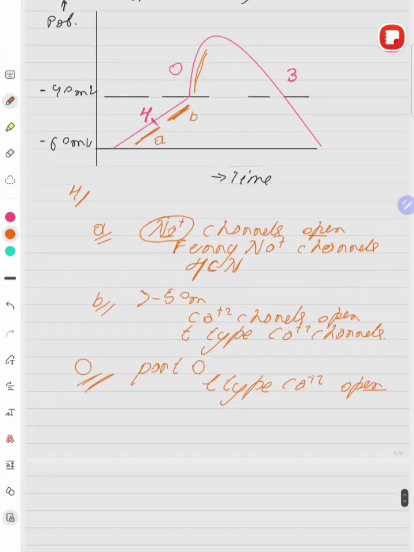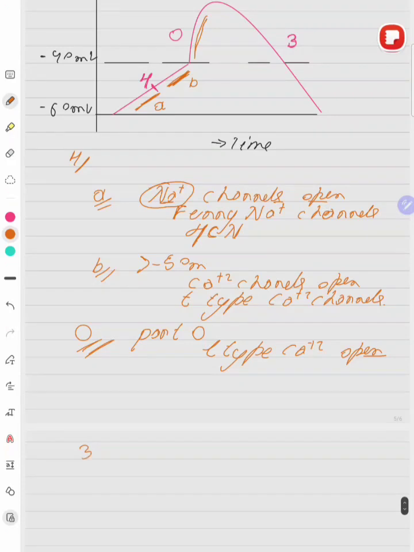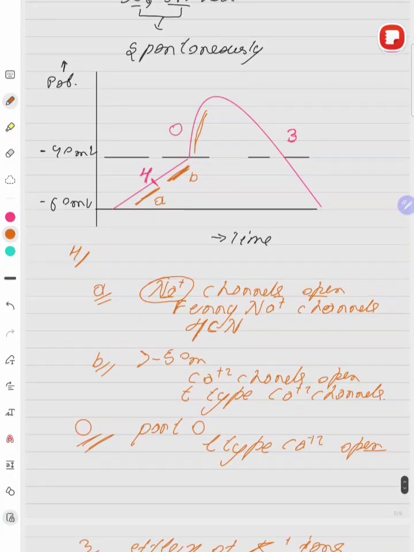And when we see part 3, in this, as always, there is efflux of potassium ions. This efflux of potassium ions leads the cell to again repolarize and set back to its resting membrane potential.